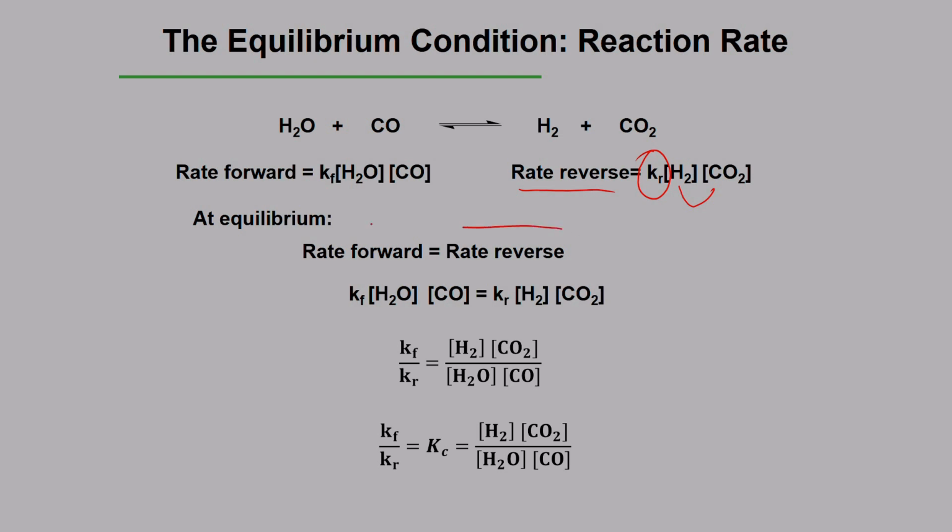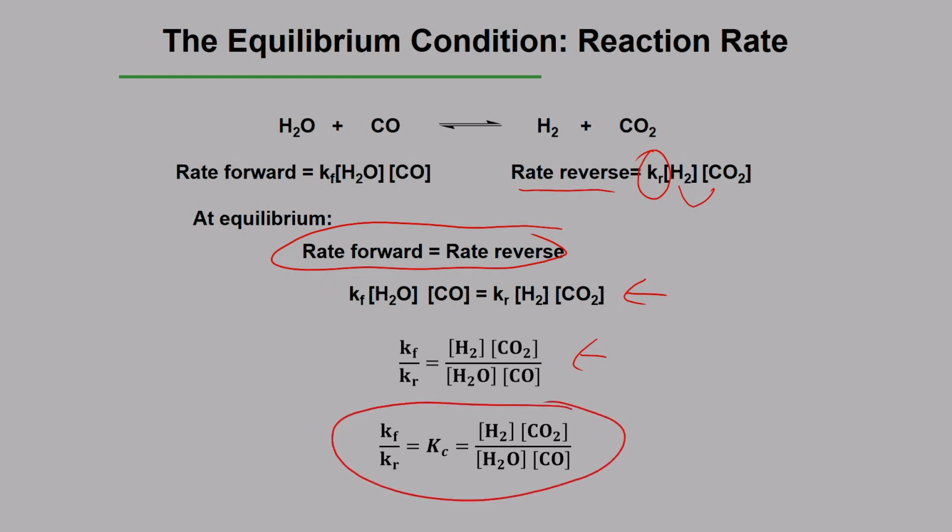At equilibrium, those two reaction rates are going to be equal. So we can equate those two reaction rates together, and we can get all of the concentrations together and all of the reaction rate constants together. And we then produce something here, which is the ratio of the forwards and the reverse direction.